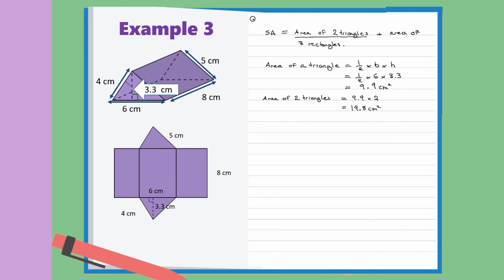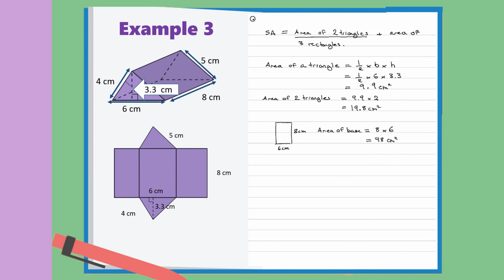If we look at the rectangle on the bottom of this particular prism, it is 8 centimeters long and it's 6 centimeters wide. So the area of the base rectangle is going to be equal to 8 times 6, which is equal to 48 centimeters squared.